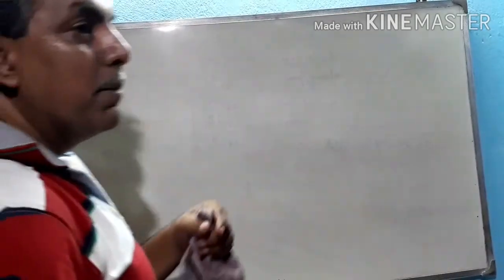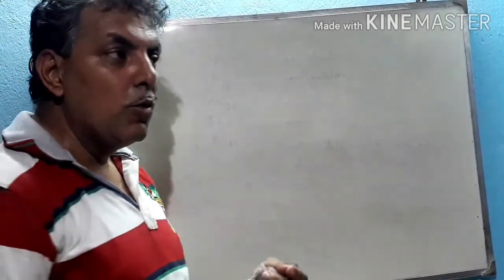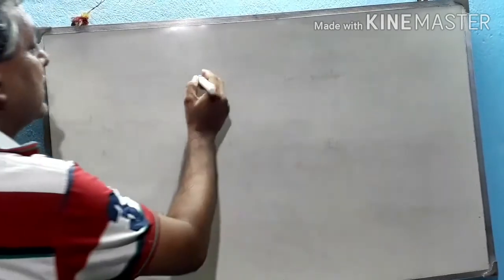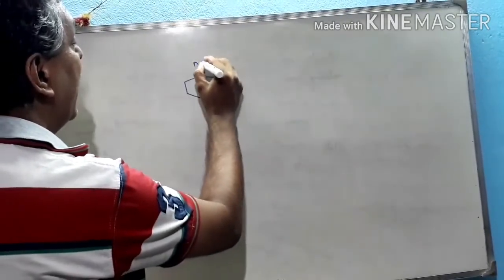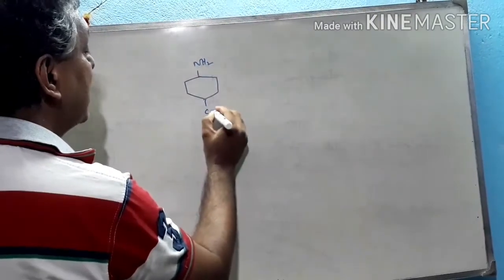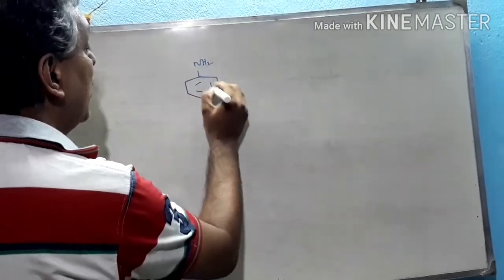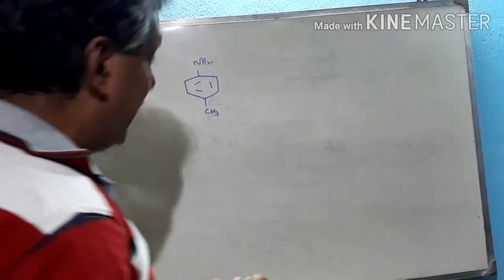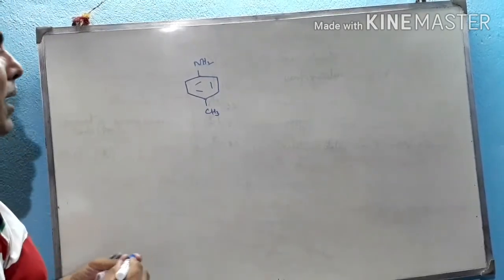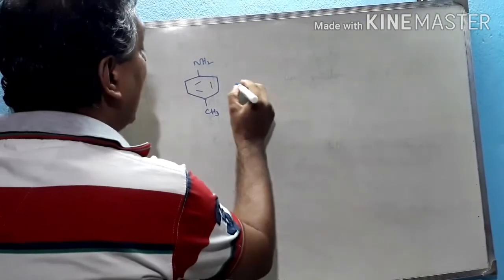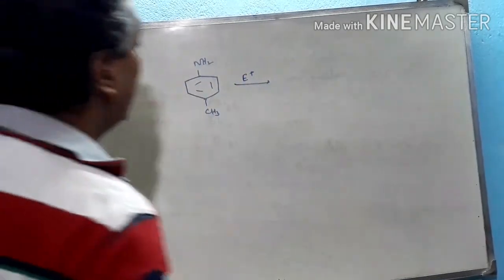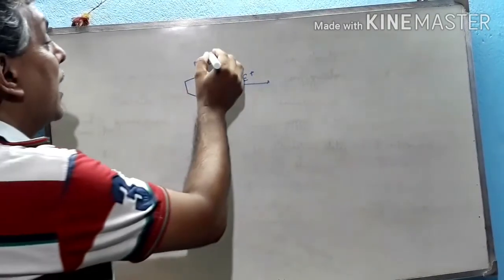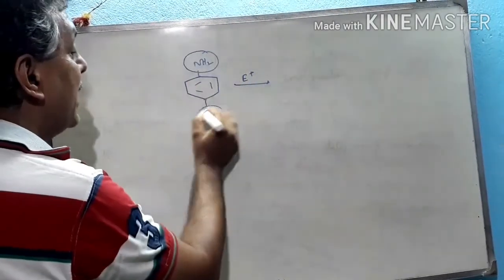In our previous video we observed a compound with a benzene ring attached to an NH2 group, and at the para position there is a CH3 group, known as para-toluidine, NH2 and CH3. Whenever an electrophile attaches to this benzene ring, here two different groups are attached.